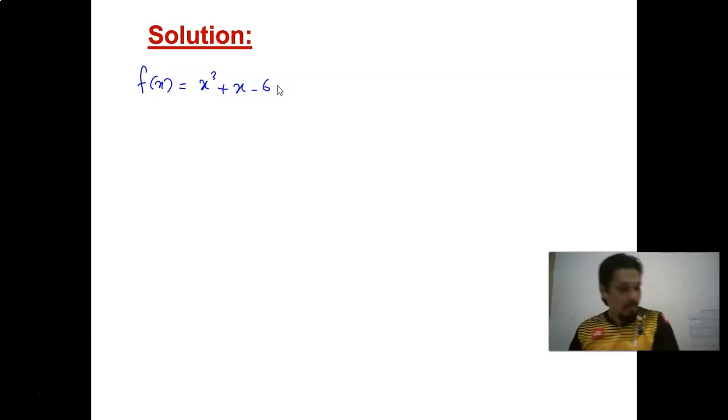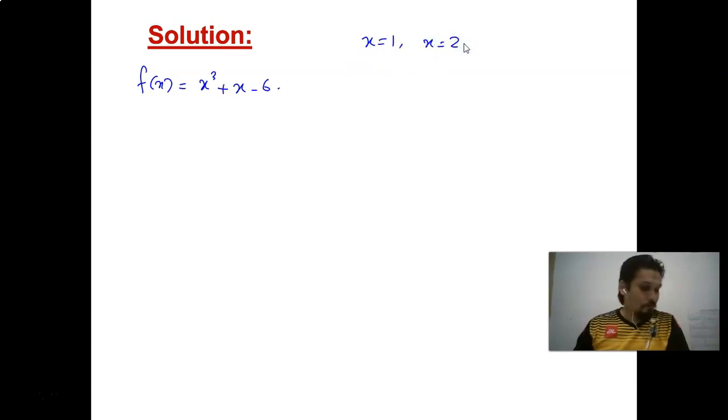And given that the root lies in between x equal to 1 and x equal to 2. So let's try with f(1). 1 cubed plus 1 minus 6. 1 plus 1 equal to 2, minus 6 equal to negative 4, which is less than 0.